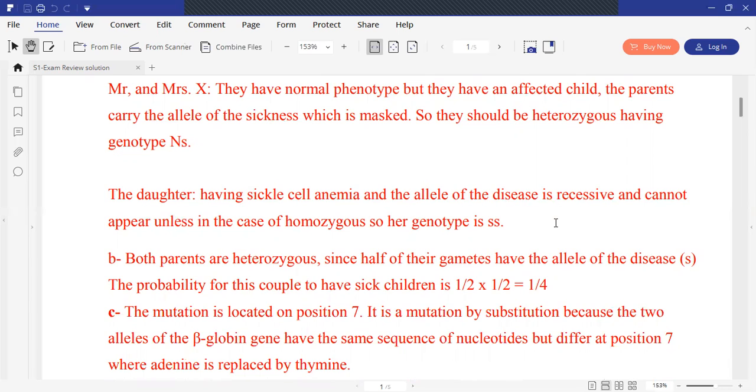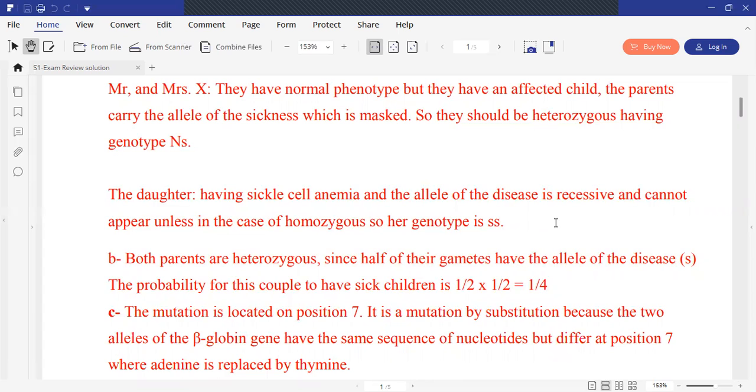Document 2 reveals the sequence of part of the non-transcribed strand, pay attention, non-transcribed strand, of the beta globin alleles. HbA is the normal and HbS is the abnormal, the mutated one of the beta globin gene responsible for sickle cell anemia. A direct diagnostic method by radioactive probe is done for this family. Many copies of the parts of the beta globin gene can be obtained from the DNA of each person by this technique.